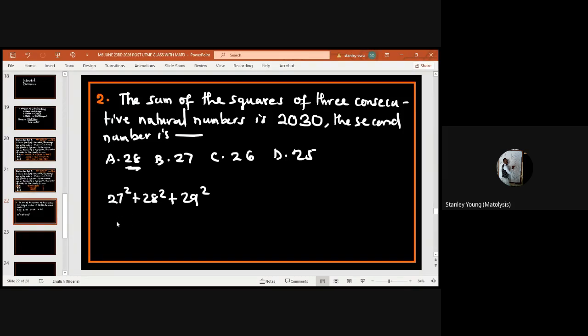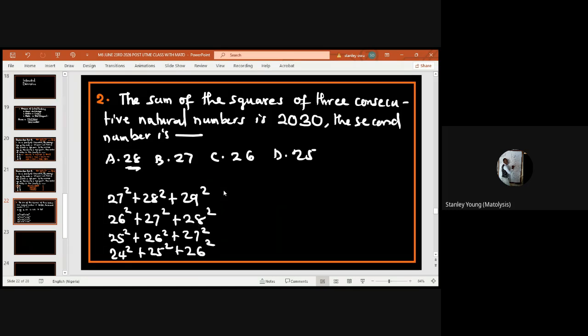If the answer would have been B, it would have been 26 square, 27 square, and 28 square. If the answer is C, it would have been 25 square, 26 square, 27 square. And if the answer were to be D, we would have started with 24 square, 25 square, and 26 square.